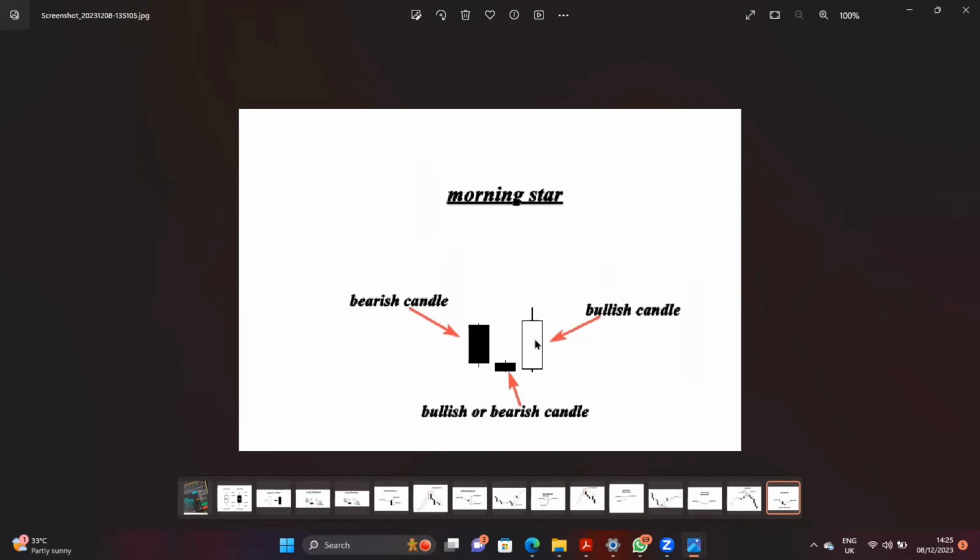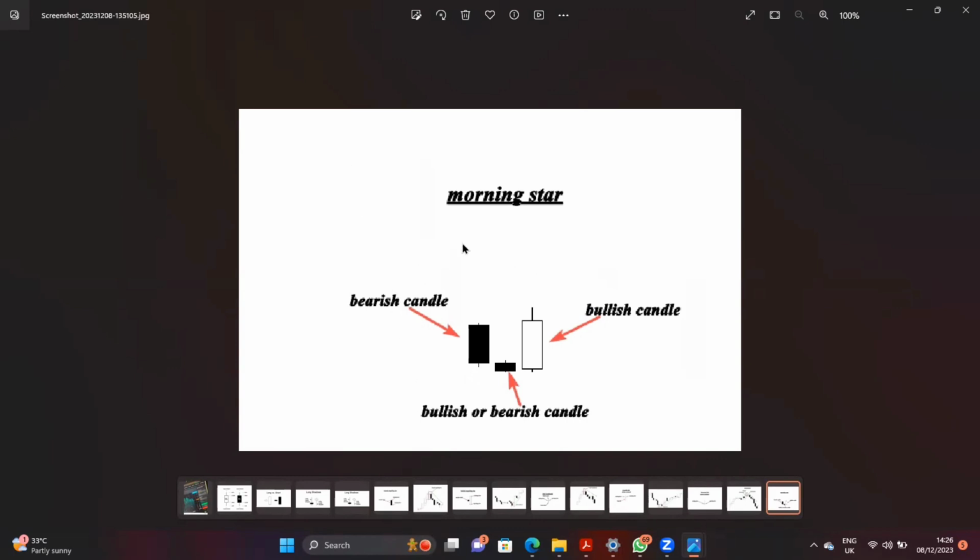When a candle or a pattern is a bullish reversal, it simply means it has the capacity, the power, to reverse a trend. A bullish reversal pattern, I repeat, has the power to reverse a downtrend.